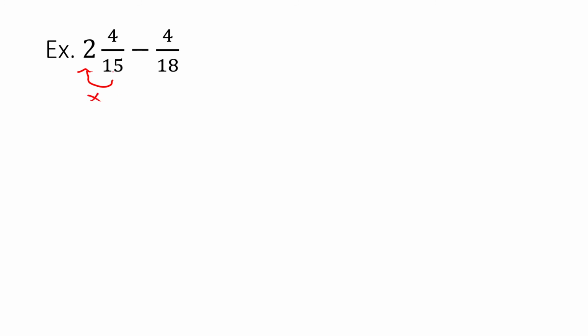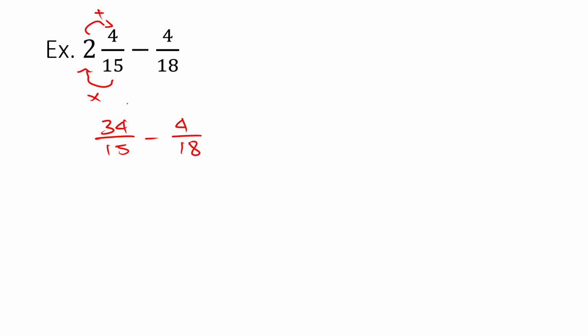We multiply 15 times 2, then add 4. So we have 34 over 15 minus, do we need to change 4 over 18? No, we don't. The 4 over 18 is not a mixed number, so we bring it down as is.